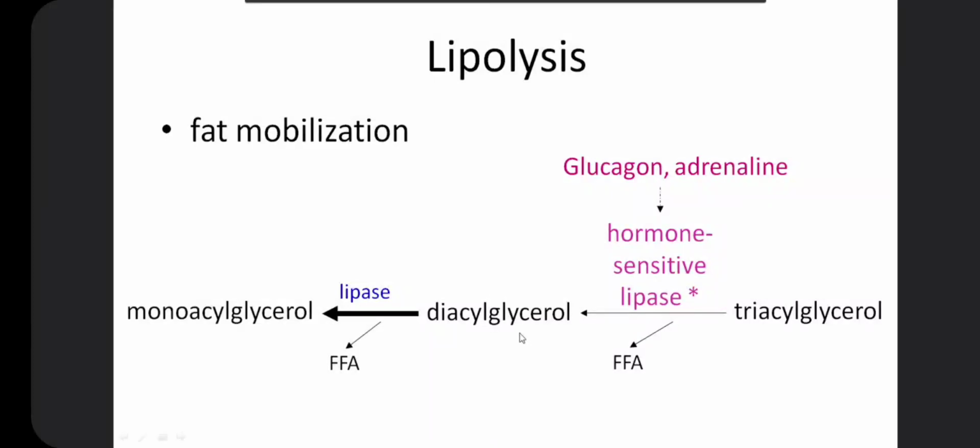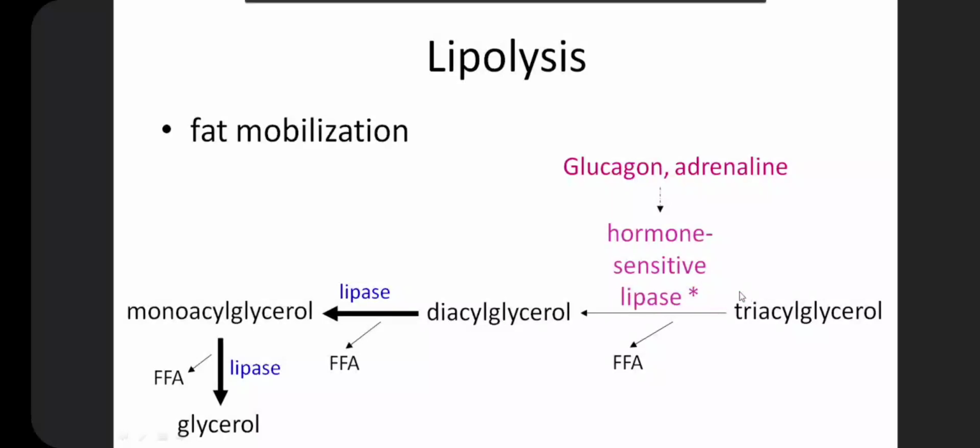And then this diglyceride is further degraded into glycerol, releasing two molecules of free fatty acid by lipase. The activity of hormone-sensitive lipase is controlled by phosphorylation.